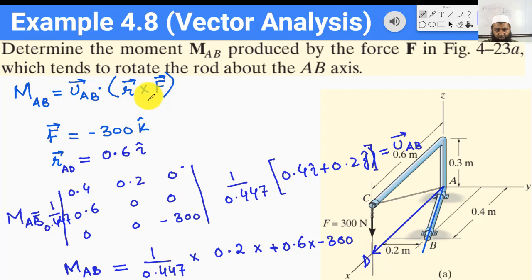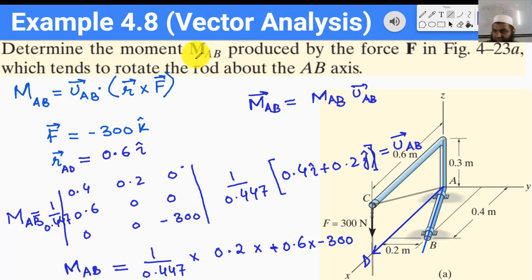But if we are careful enough, we can see that the question asks us for the moment vector AB, because this is in bold. So the moment AB vector is just the magnitude times the unit vector, which is just UAB, and we already know what value of the UAB is.